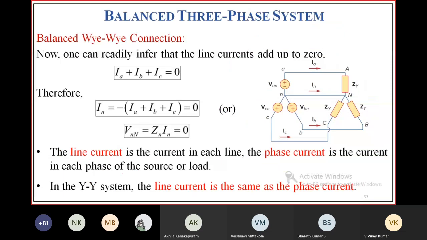For a balanced system, IA plus IB plus IC equals 0. So the current going through the neutral wire is IN equal to minus of IA plus IB plus IC, which is equal to 0.